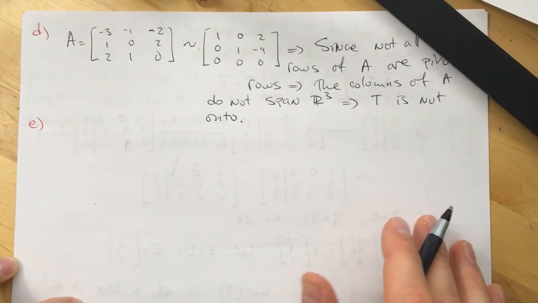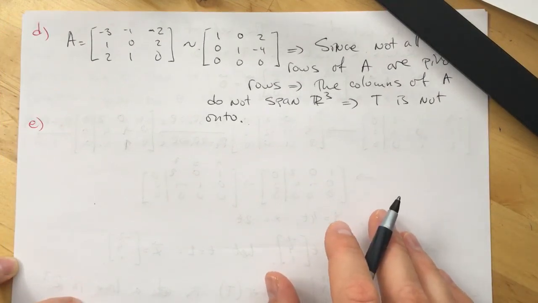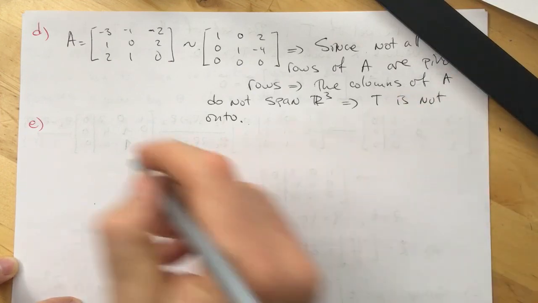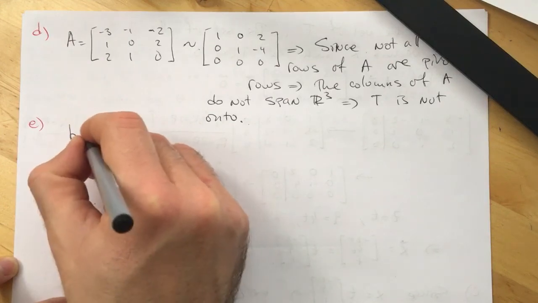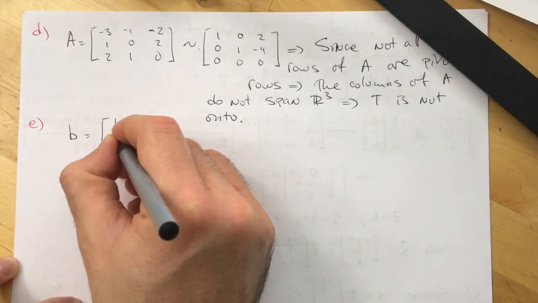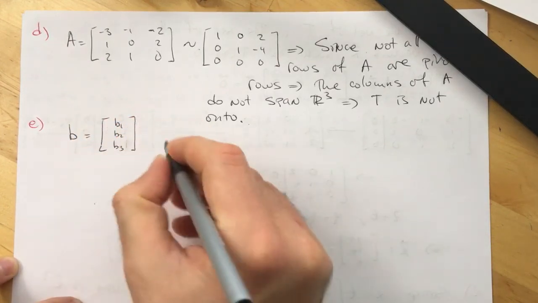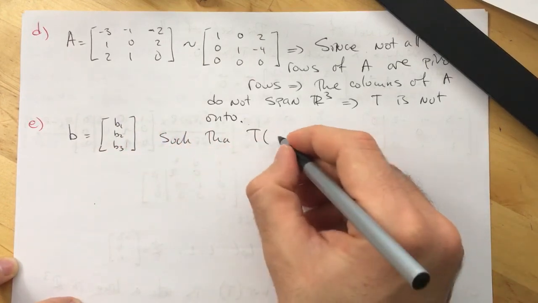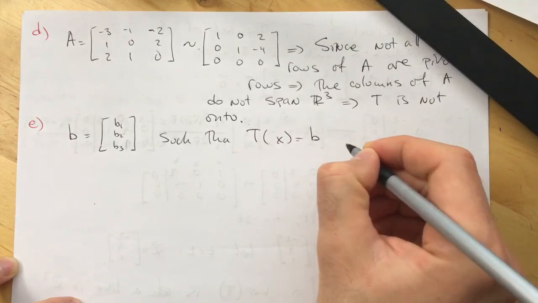All the vectors from the domain are mapped to. So we want to find b, with entries b1, b2, and b3, such that T of x is equal to b.